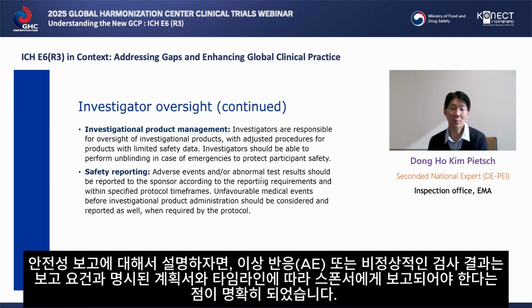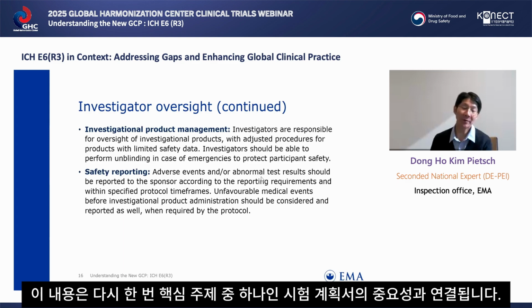So again, it's very important that this is built into and enabled in clinical trials. And on the safety reporting, it was also clarified that AEs and/or abnormal test results should be reported to the sponsor according to the reporting requirements and within specified protocol timelines. This links to one of the key themes: the protocol is important.